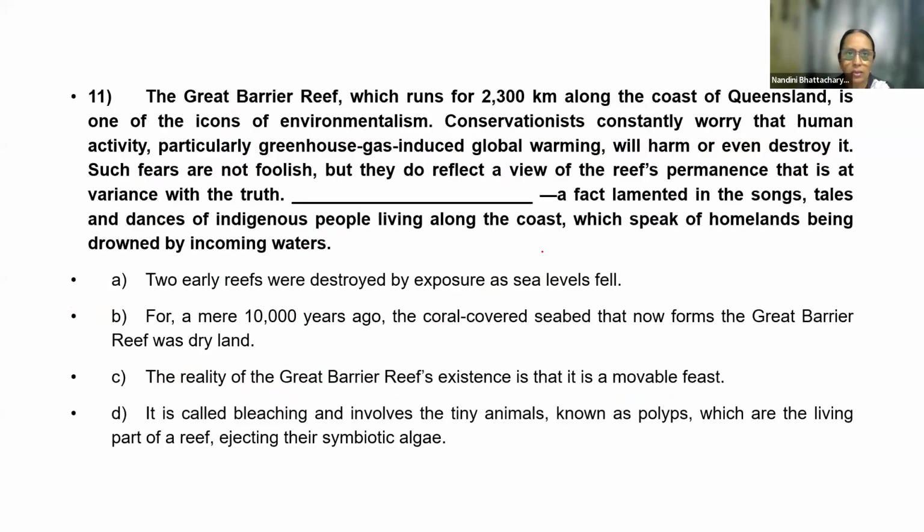Okay, let's look at another one. This is again a big passage. So do you want to read it and do it, or do you want to do it together? You want to give it a try first?